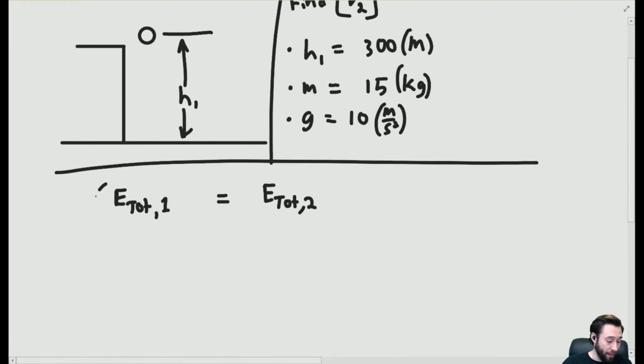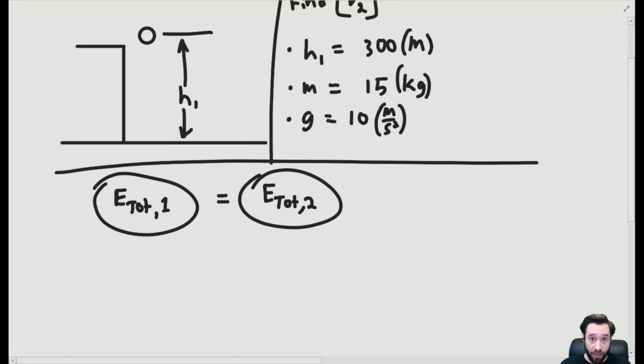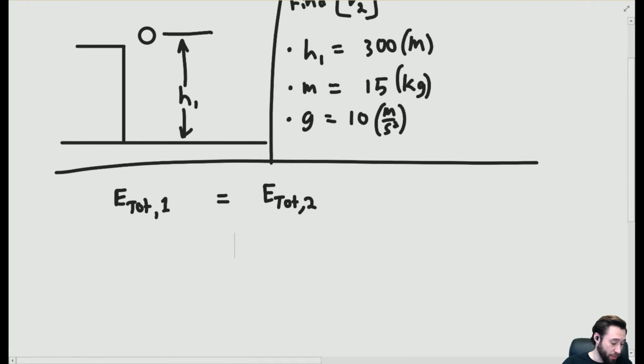I know that the total amount of energy that I start with must equal the amount of energy that I finish with. So the three types of energy that we talk about in this course is, of course, going to be kinetic at state 1 plus U grav at state 1 plus U elastic at state 1.